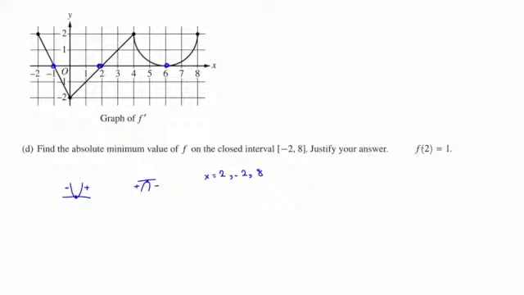and 8. So for -2, we know f of 2 minus f of -2 is the integral from -2 to 2 of f prime of x dx. F of 2 is 1, and we want to calculate f of -2. If we want to calculate from -2 to 2, we should calculate this area up to this part.